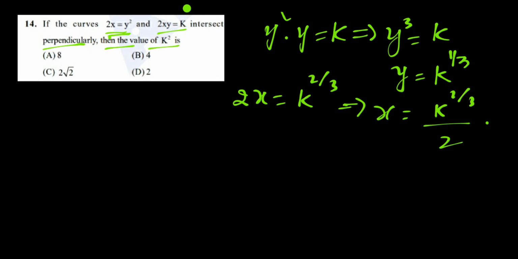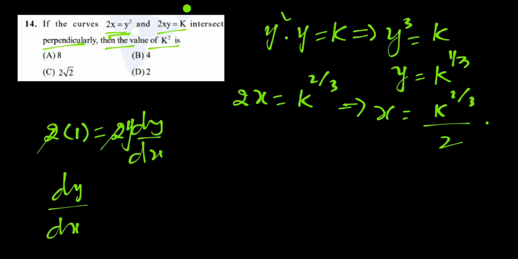Differentiating the first equation: 2 into 1 is equal to 2y into dy by dx. The 2 gets cancelled, and dy by dx is the first line's slope. I am taking it as m1. So m1 is equal to 1 by y. What is the y value? k power 1 by 3.